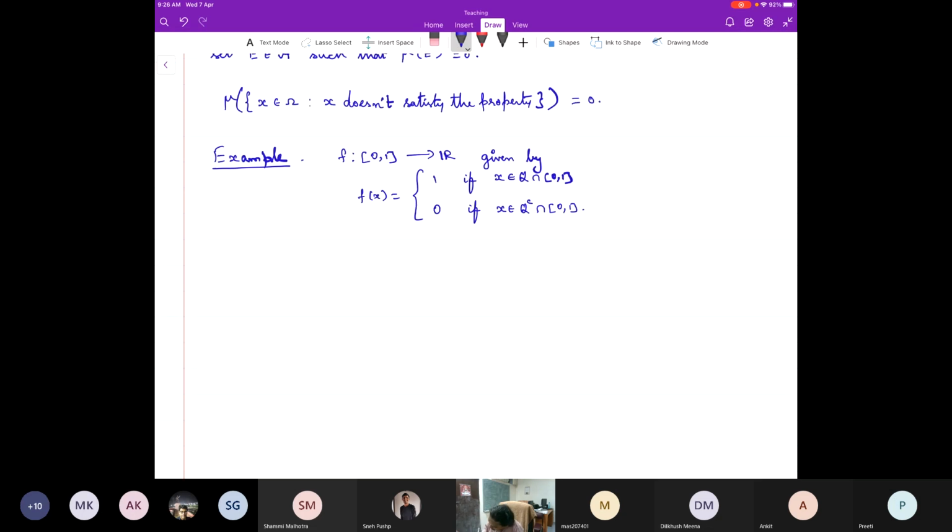Right. So now you can notice that f is 0 almost everywhere. The function is 0 almost everywhere, in fact almost everywhere with respect to the Lebesgue measure.